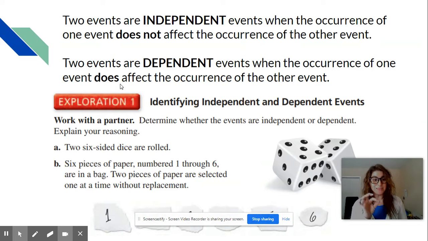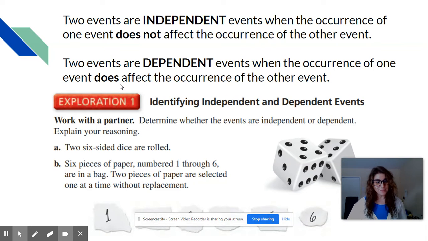These are dependent, because if I was to pick out any paper, so I pick out a 3 here, that 3 can now no longer be pulled the second time I pull a number. It is out of running at this point, right? So this time it does depend, because at the first shot, I have numbers 1 through 6.